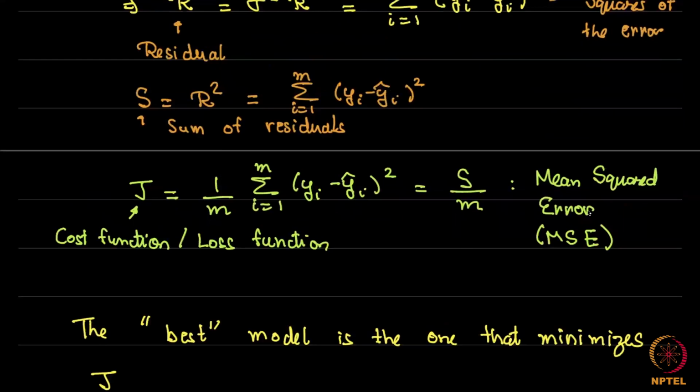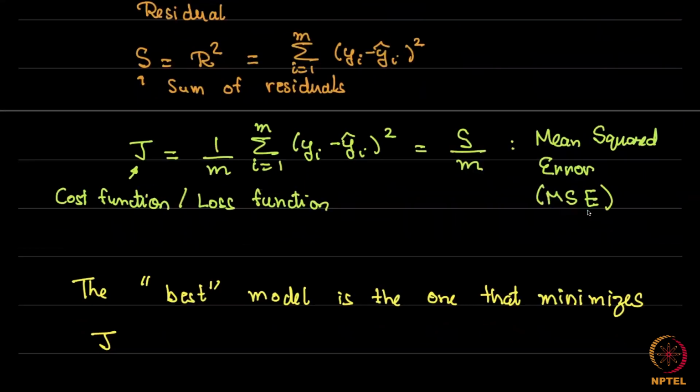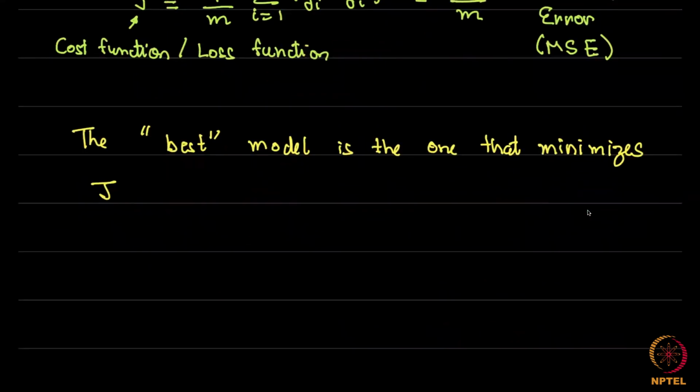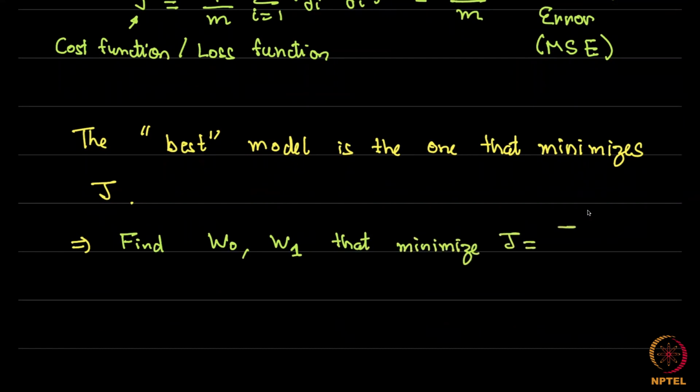Now, what are the parameters that we have within J? This means we need to find W0 and W1 that minimize J. And remember, J is simply the sum of the square of the error.